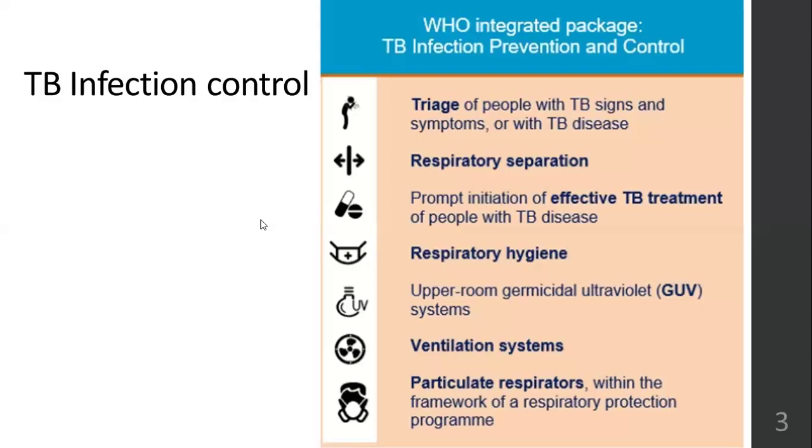Upper room germicidal ultraviolet system. Wherever TB patients are admitted, or if it's a TB ward, there will usually be this filtration system. With this installed system, UV light is passed through the entire room, sterilizing it. It kills the Mycobacterium tuberculosis present in the common air of the TB ward.